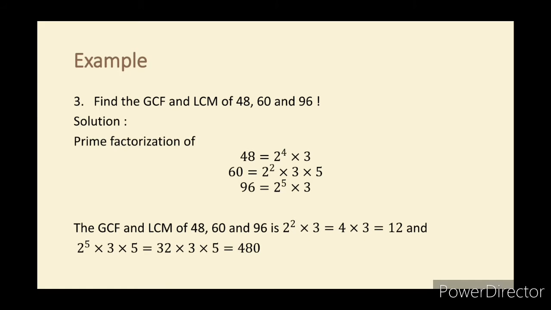The GCF of 48, 60, and 96 is 2 raised by 2 times 3 equals 4 times 3 equals 12, and the LCM is 2 raised by 5 times 3 times 5 equals 32 times 3 times 5 equals 480.